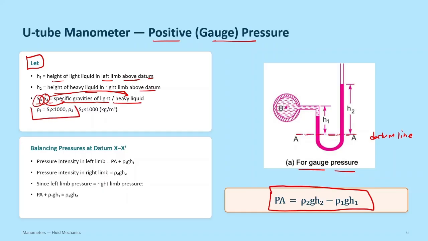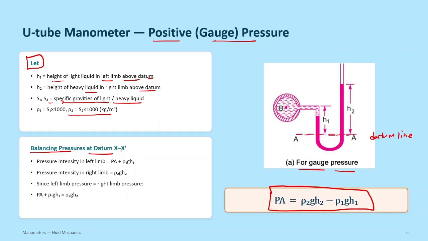And here rho 1 equals S1 into 1000 to find the density of the light liquid, and rho 2 equals S2 into 1000 to find the density of the heavier liquid.